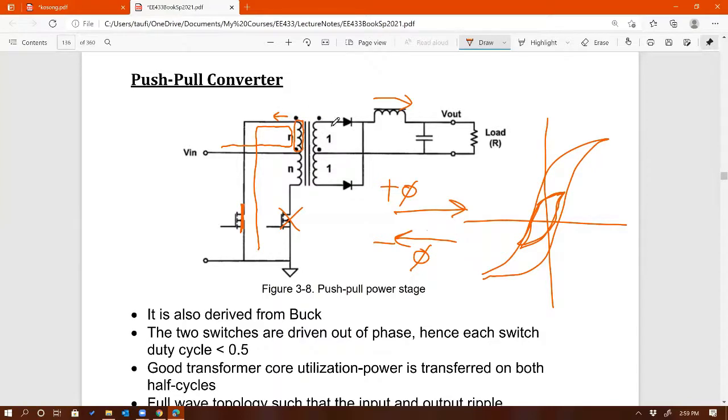So we have two magnetics here, the transformer and the inductor. The flux inside the transformer goes up and down, positive, negative, positive, negative. For the inductor on the output side, the flux is always positive, and the current is always positive as well.